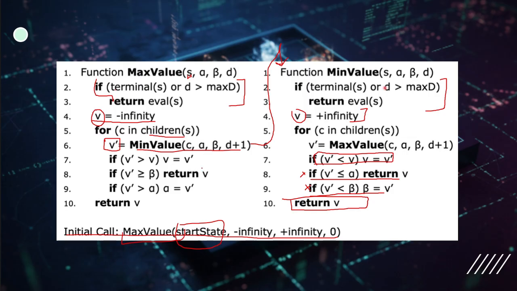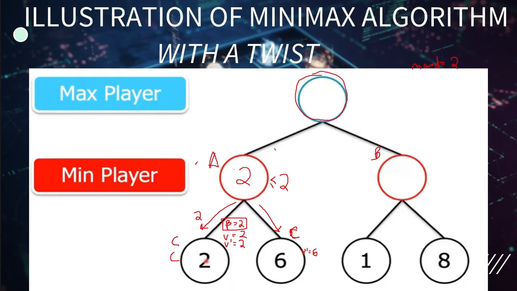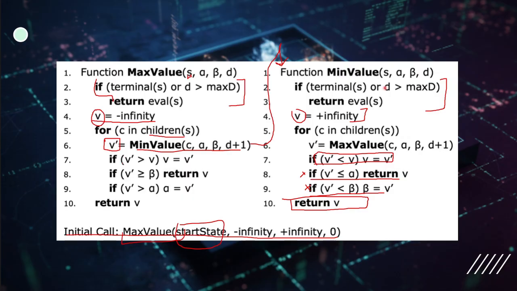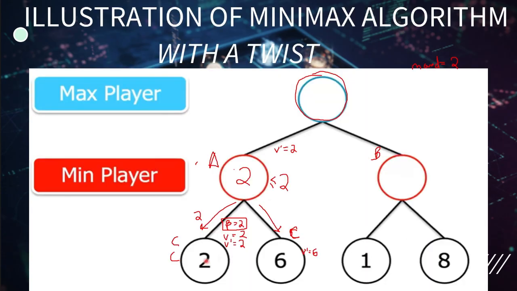So here V dash is assigned a value of 2, and exactly as in the min value function, it would be compared with the value of V, and V here was minus infinity. So obviously this statement would come true and be executed, and V would also be set as 2 right now.